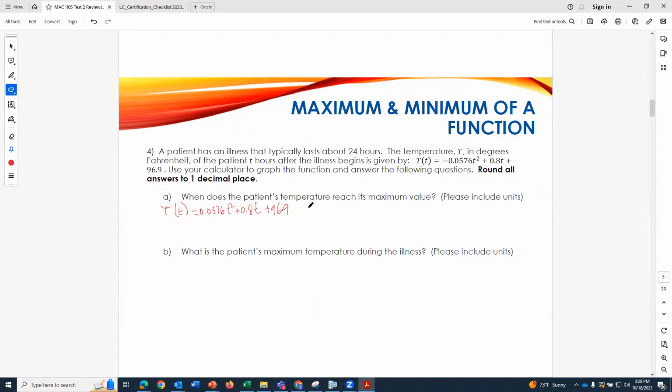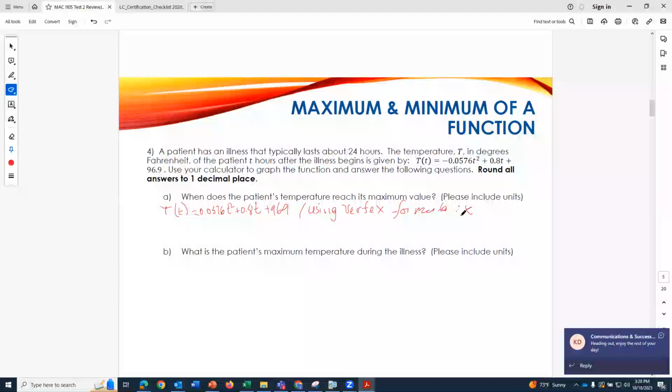We can use the vertex formula. Using the vertex formula, the x vertex is negative b over 2a.